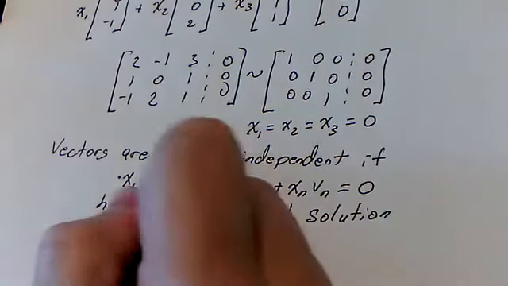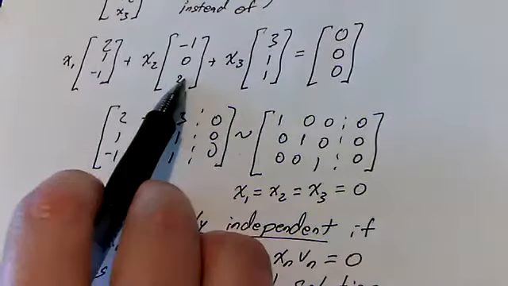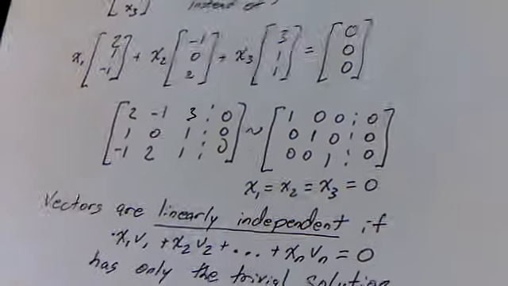So they are linearly independent if you have only the trivial solution. What that means is my vectors from my previous example, 2, 1, negative 1, and negative 1, 0, 2, and 3, 1, 1, are said to be linearly independent.